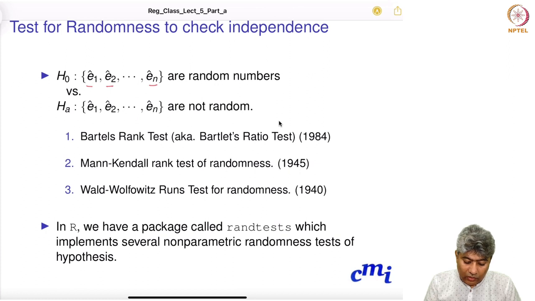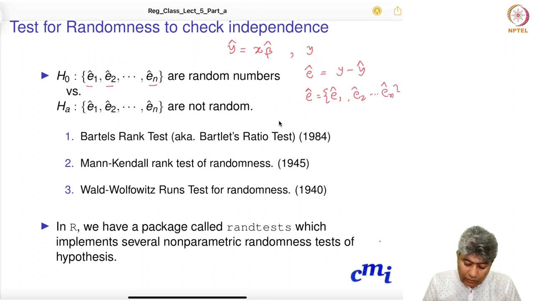We have y hat, which is x beta hat, and we also have the y's. So we can compute e hat from y minus y hat. Now e hat is basically our e1 hat, e2 hat, dot dot dot, en hat.